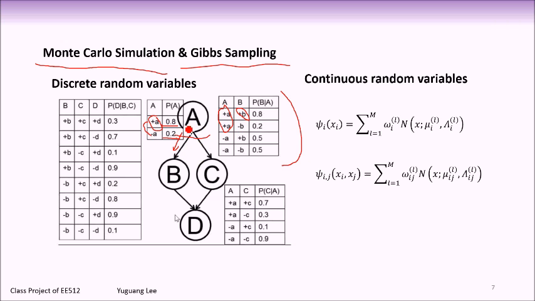Then we have a set of samples, which is A, B, C, and D, and we repeat this process a certain number of times. Then that's one sample, and that set of samples will have the distribution of this system.